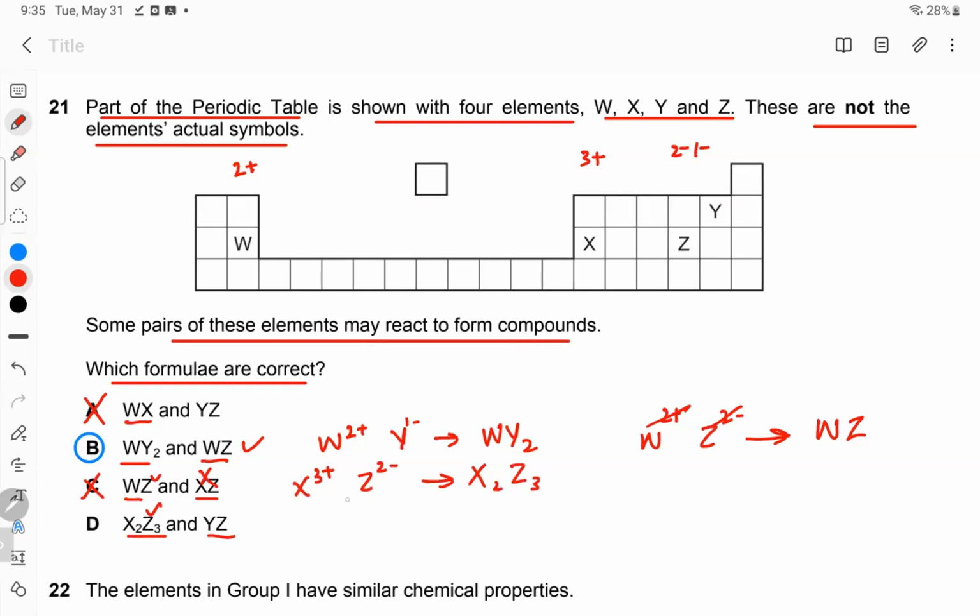And YZ, no, it is not correct because Y and Z both are minus, both can gain a minus charge. If they combine, it will be like ZY2, because Z needs 2 electrons to gain, and Y needs 1 electron. So that's why D goes wrong.